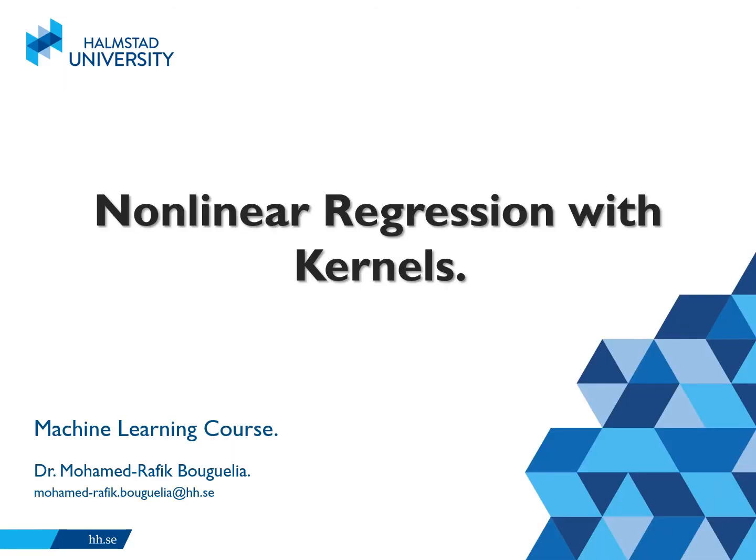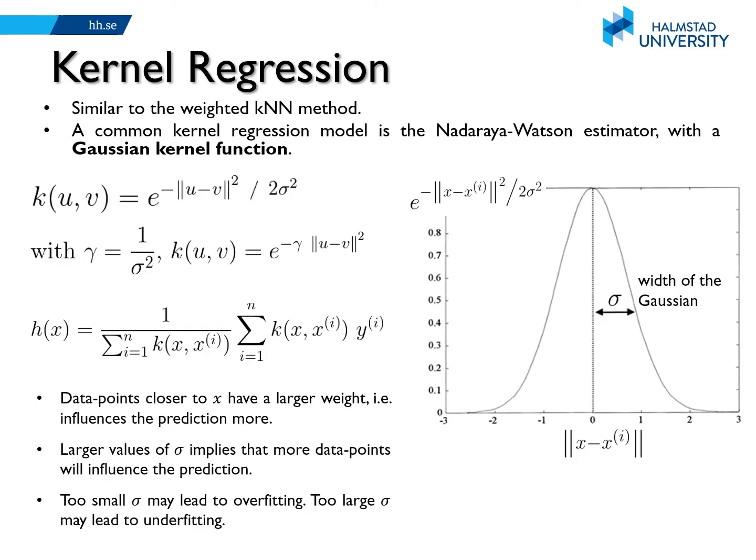Instead of using the weighted k nearest neighbors, you can also use something called kernel regression. Kernel regression is very similar to the weighted k nearest neighbors method. One difference is that in kNN you have a hyperparameter k to define the k nearest neighbors, but in kernel regression, instead of doing that, we use all the training examples, all the n training examples in our training data set.